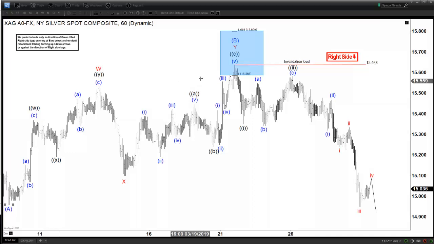3 a.m. GMT. We are looking at the silver 60 minutes chart, and this is for a short-term perspective. We can see that the precious metals sold off in the last 24 hours, and this sell-off looks like an impulse in which you have 5 waves down.